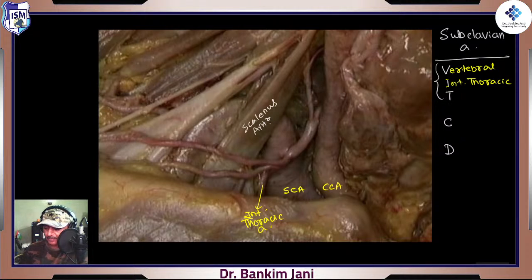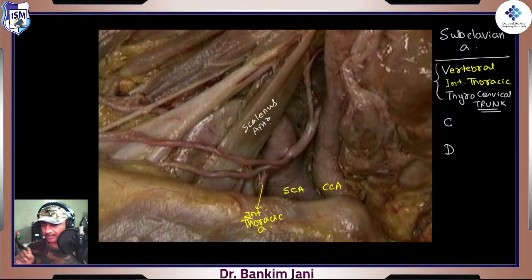T is the thyrocervical trunk. Now whenever the word trunk comes, that means from that point onwards many other arteries will be coming out. Same thing happened with the brachiocephalic trunk. It gave the subclavian and common carotid. Such trunks would be appearing today at many places.